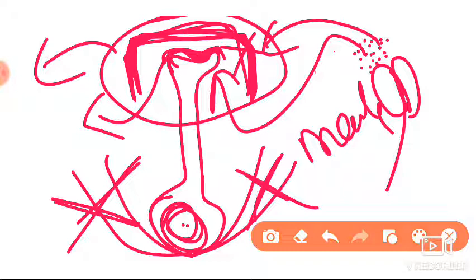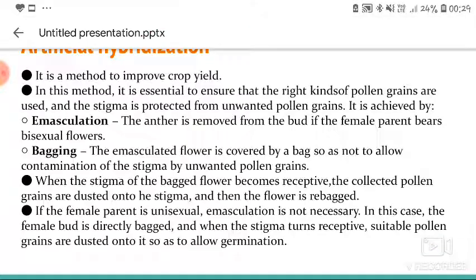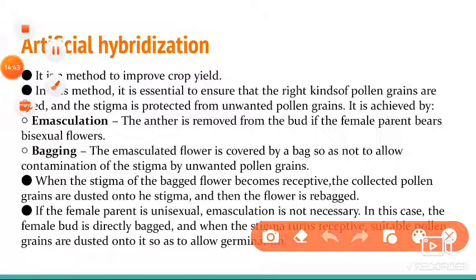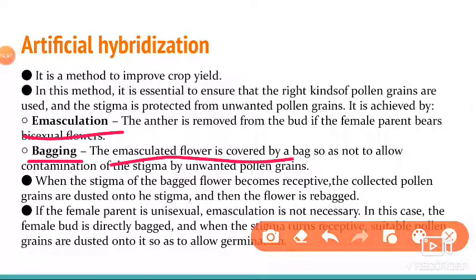This is the hybridization technique given in your NCERT. Some points I have given here: emasculation and bagging. The emasculated flower is covered by a bag, just to avoid unwanted pollen grains.